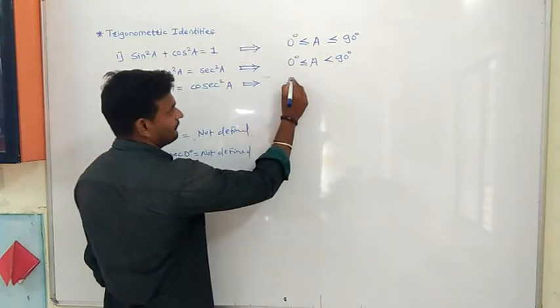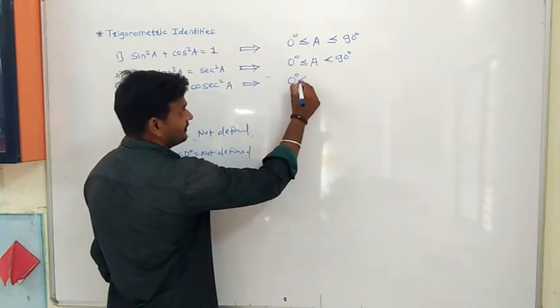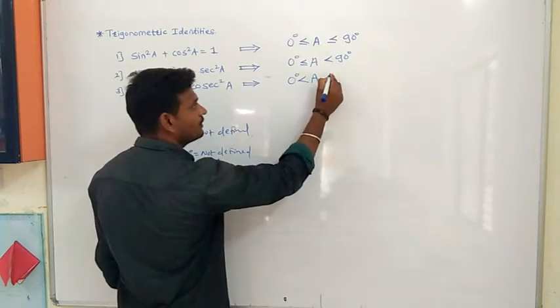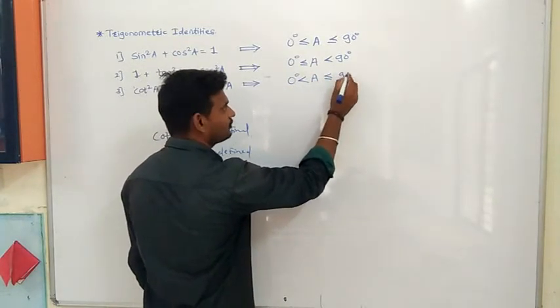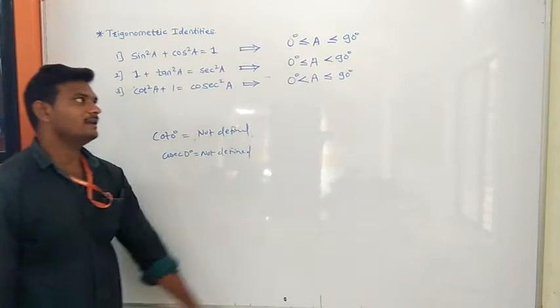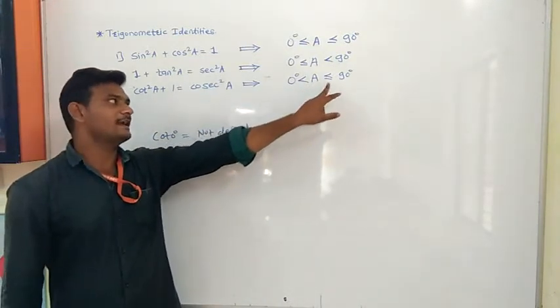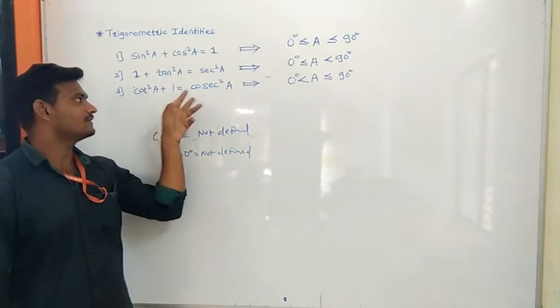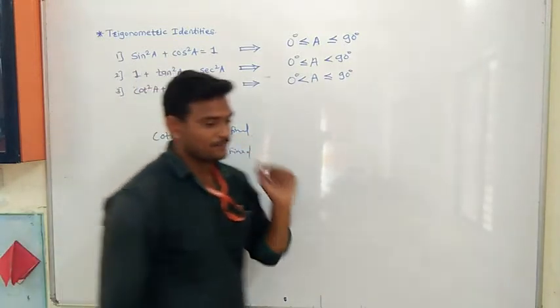Therefore, the angle A should be greater than 0, but less than or equal to 90 degree. Then only we can apply cot square A plus 1 is equal to cosec square A.